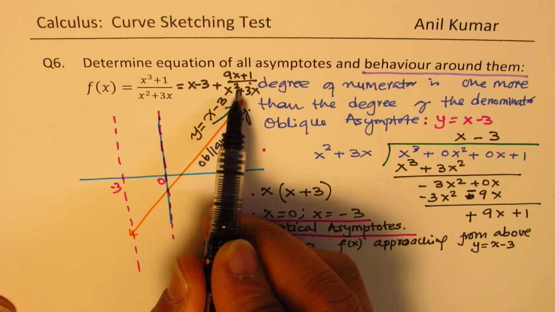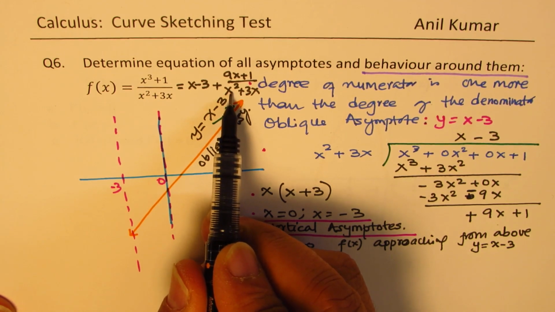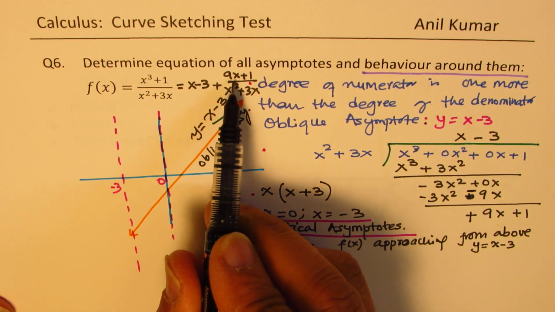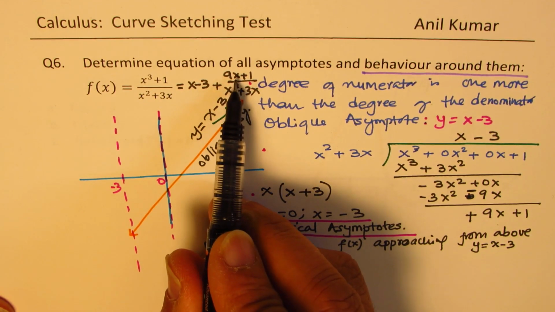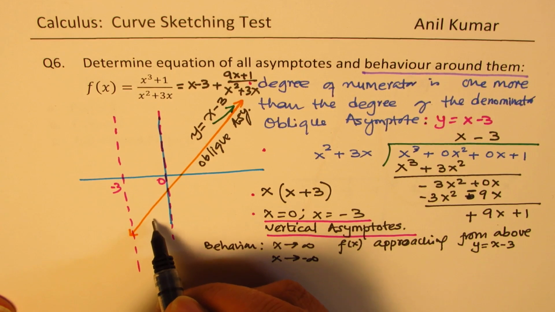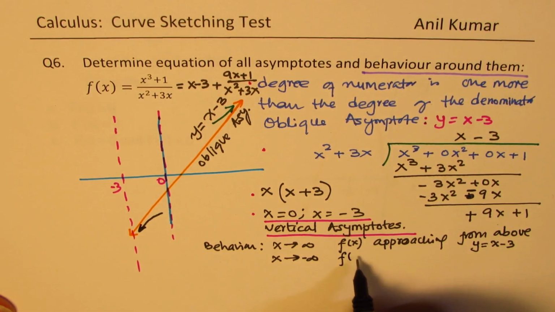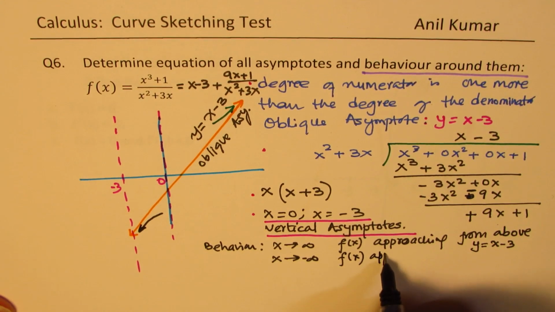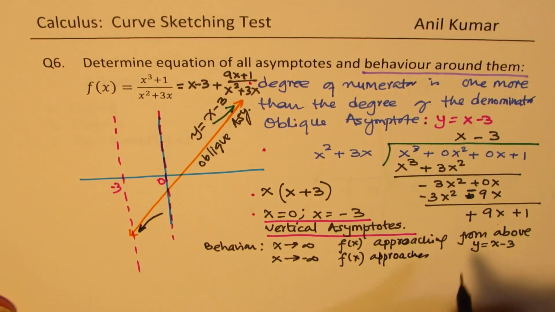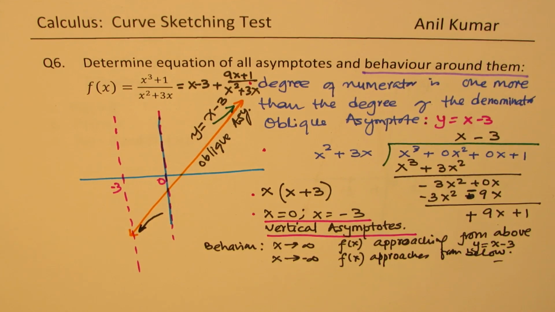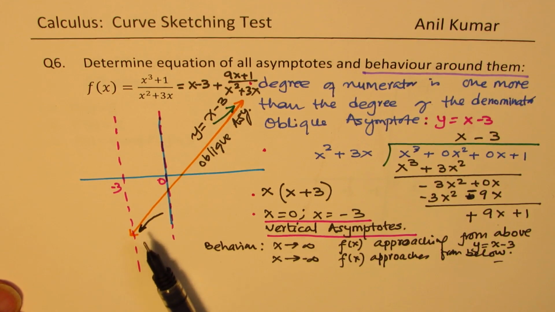The denominator, x squared, is dominant and will be positive, correct? But the numerator will become negative, and therefore the whole term becomes negative, and you are decreasing something. So the function approaches from below, as indicated here. Is that clear to you? Correct? So that is how you have to decide the behavior near the asymptotes, the oblique asymptote as shown here.